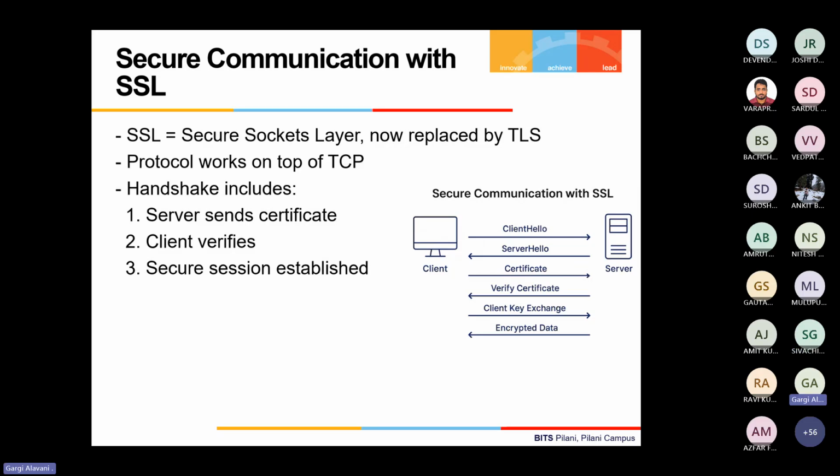The client will take the certificate and verify it against the trusted certificate authorities it has. If it is valid, the client will generate its secret key, encrypt it with the server's public key and send it to the server. From this point onwards, both sides will use this shared key to encrypt and decrypt the data.